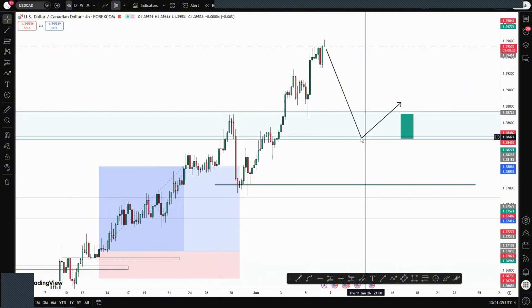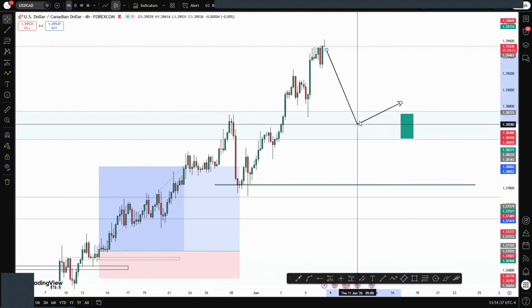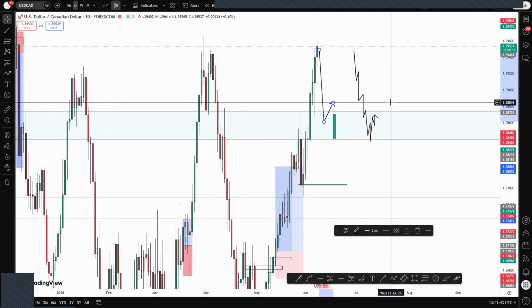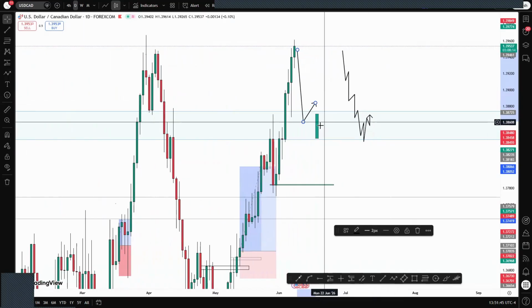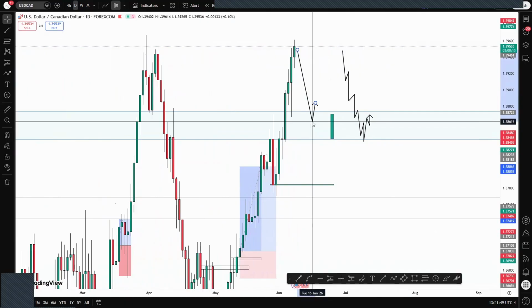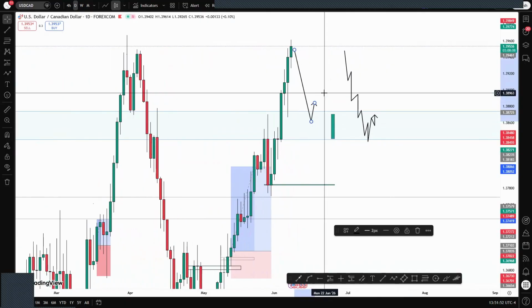Then what do we have here? We need price to come back at this point. That's the only key. That's the only important thing: is price coming back to this point here. And then from there, we can really make our decision after we see the daily giving us its holding.